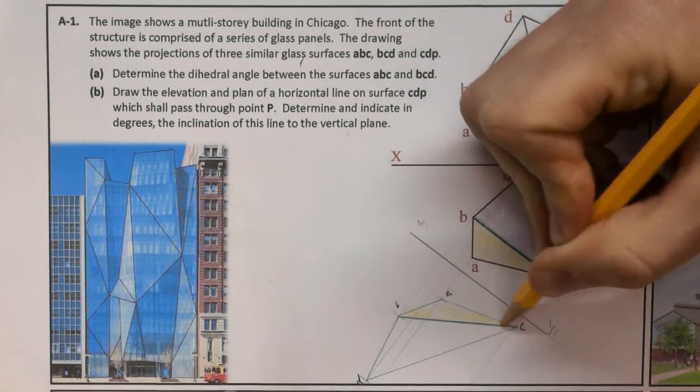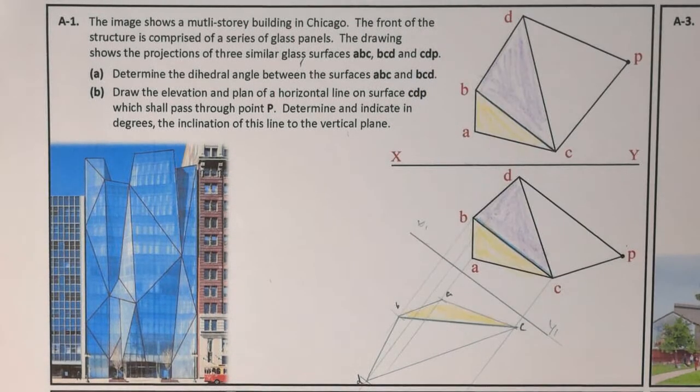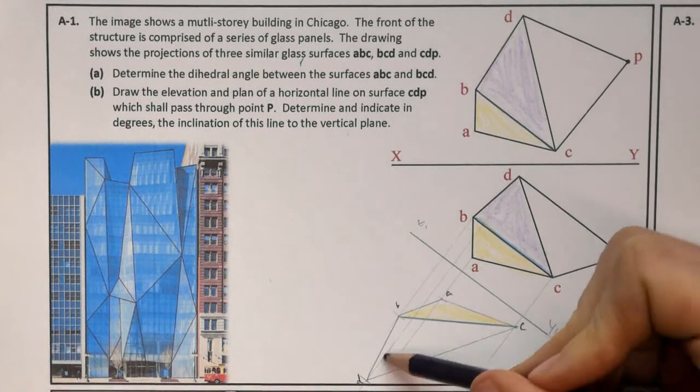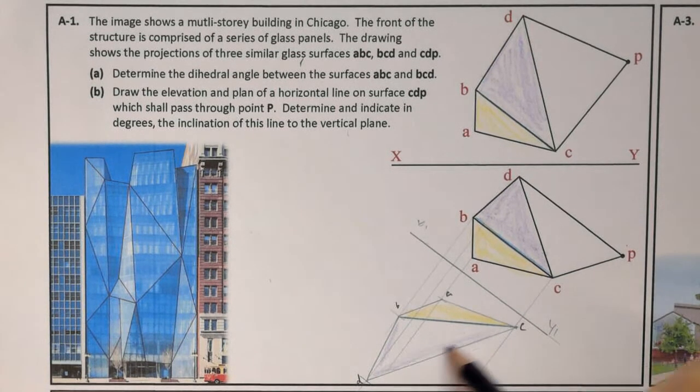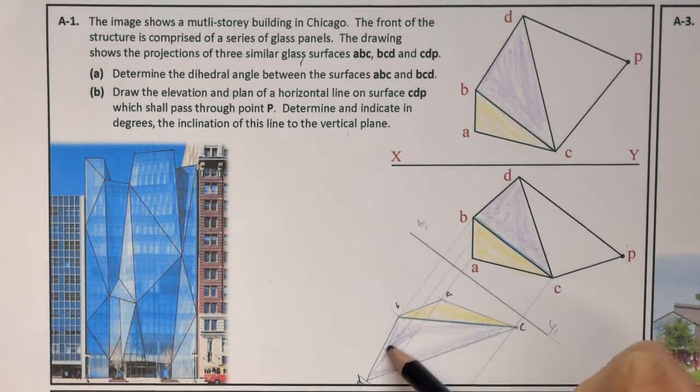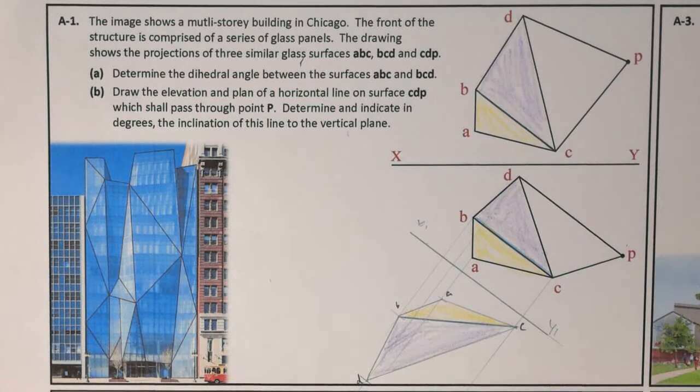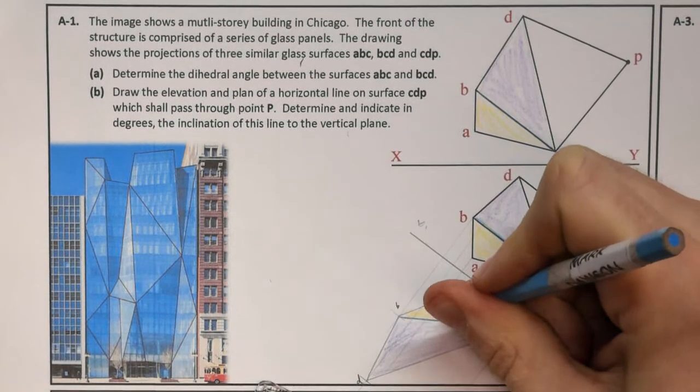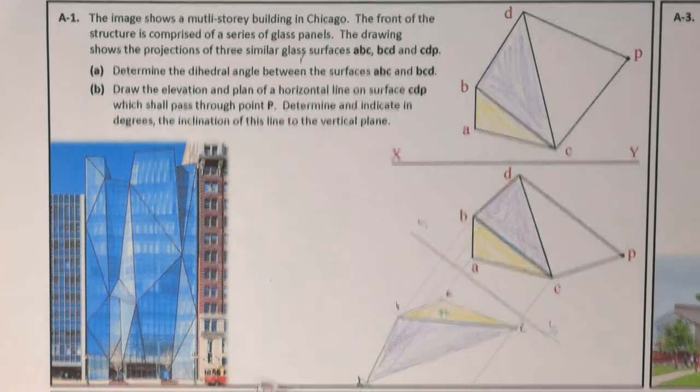If we shade in these planes, this is our true length line.